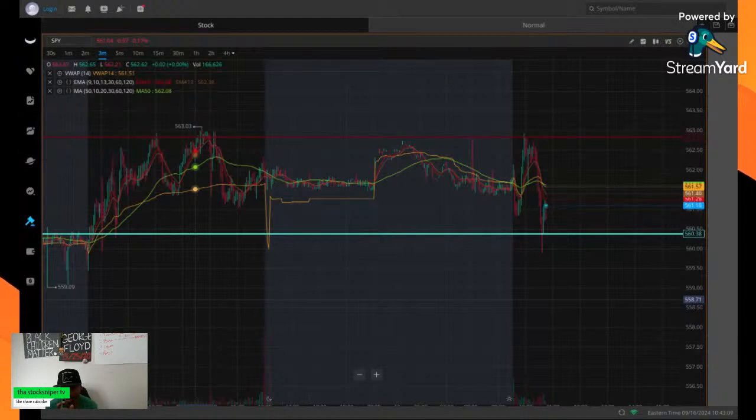It was a small trade, but the reason I'm doing it like this is because I'm testing out two things. I'm testing out StreamYard and I'm testing out Webull. Usually I trade with Charles Schwab, but I'm testing something right now.